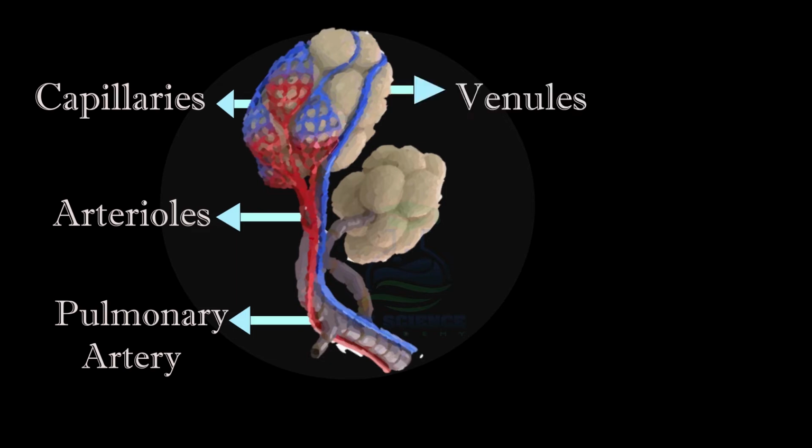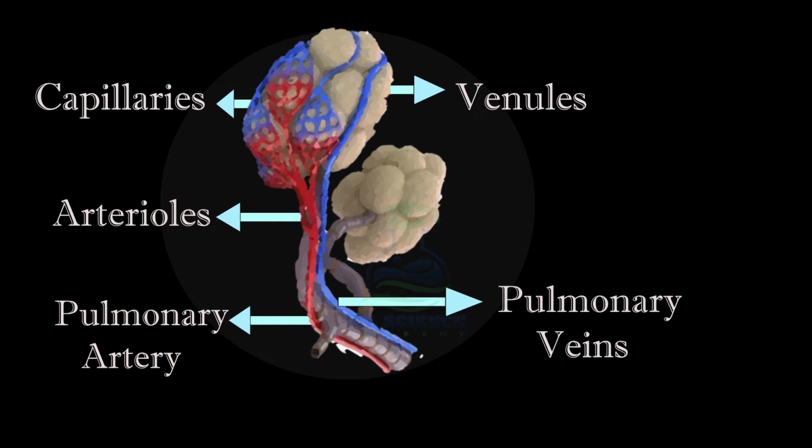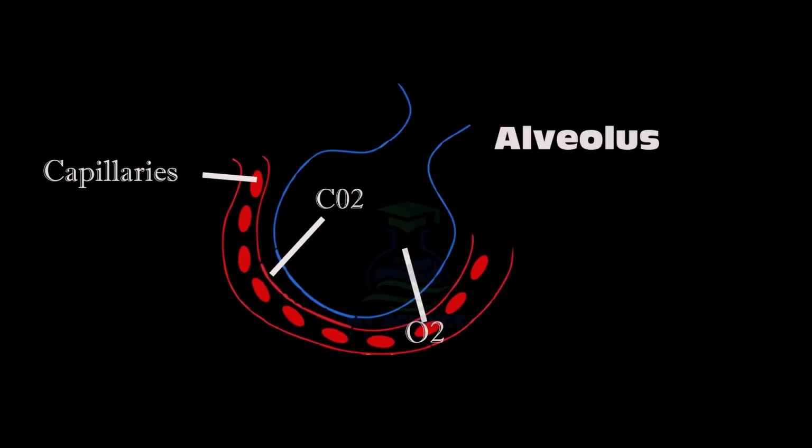They join together to form venules, and these venules join to form pulmonary veins which carry oxygenated blood from lungs back into the heart. Here the exchange of gases takes place inside the capillaries of alveolus.